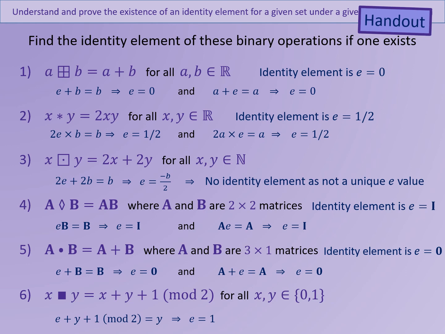E equals 1 would satisfy this. This can actually be found by trial and error, just because there are only 2 elements in the set to begin with. Similarly, x plus e plus 1 mod 2 would need to equal x. E equals 1 would also satisfy this. So just by trial and error, we can see here that 1 would be an identity element for both elements in this set.